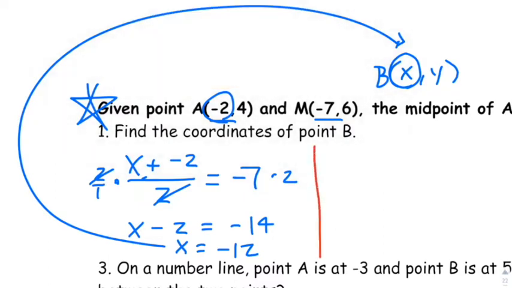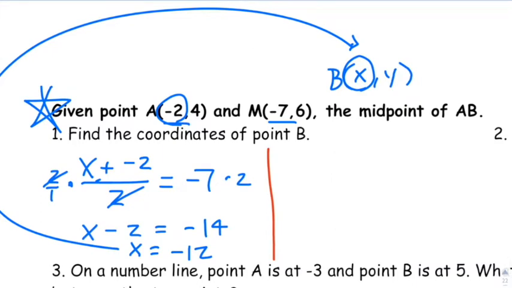So now we're going to do the same exact thing, but with y's. We know the final answer, the y of the midpoint, I guess I should say, is going to be 6. We're going to have something equals 6. And what is that going to be? It's going to be y plus 4 divided by 2. Okay, so then we'll multiply by 2 on both sides.